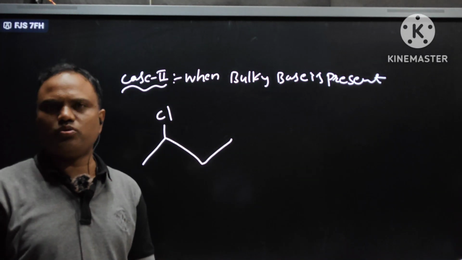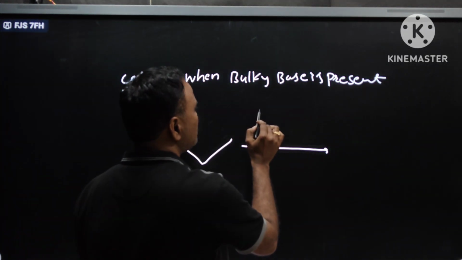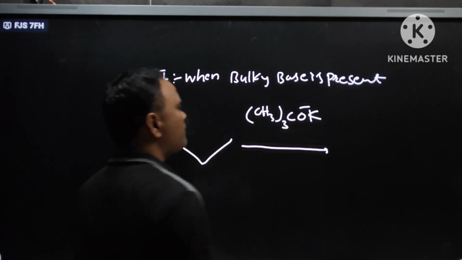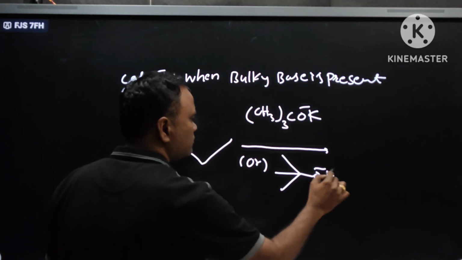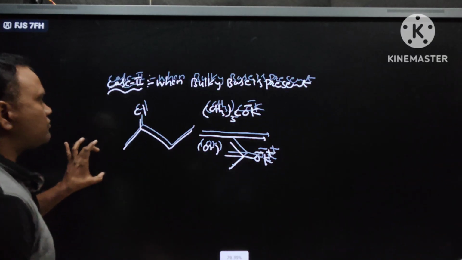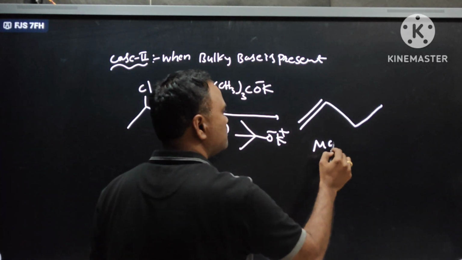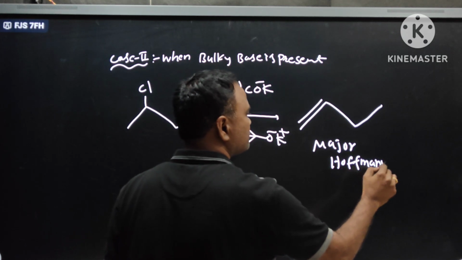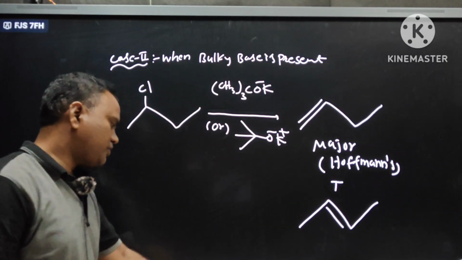Whatever it may be, poor or weak or anything, when you take a bulky base, tertiary butoxide, CH3 taken thrice, C-O minus K plus, or it may be represented like this also, in this case also this will be the major Hofmann's product. Saytzeff's product is minor.